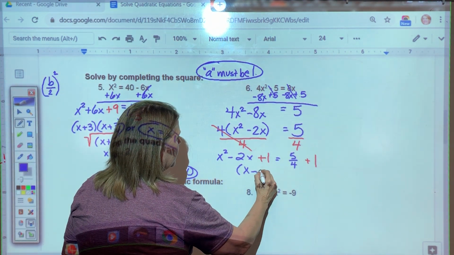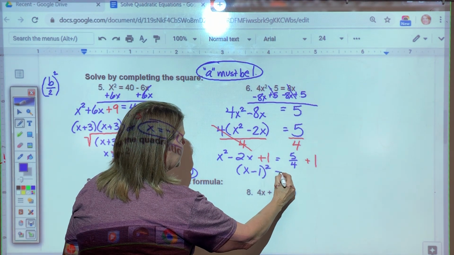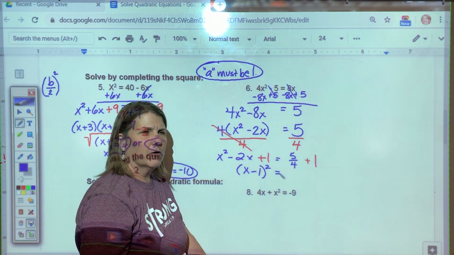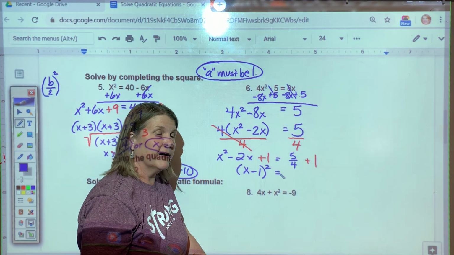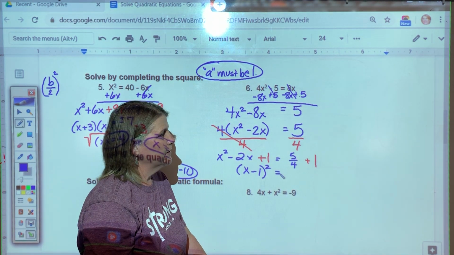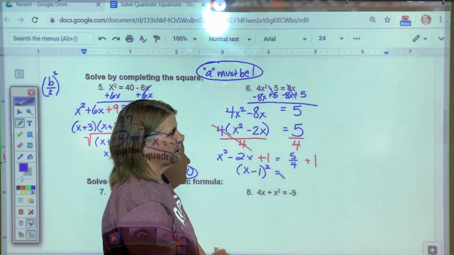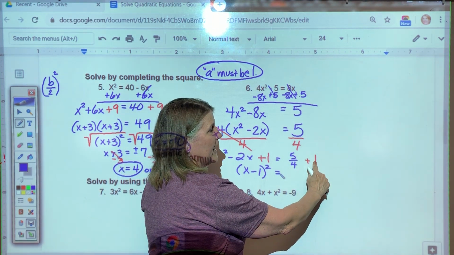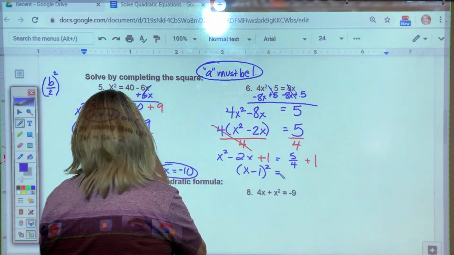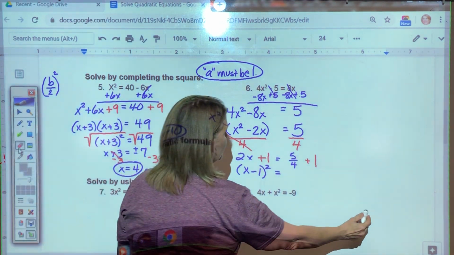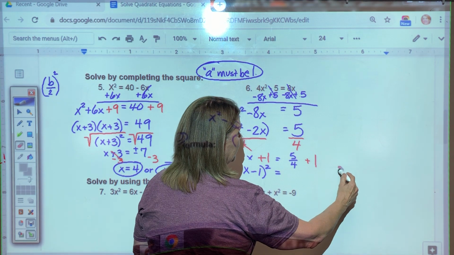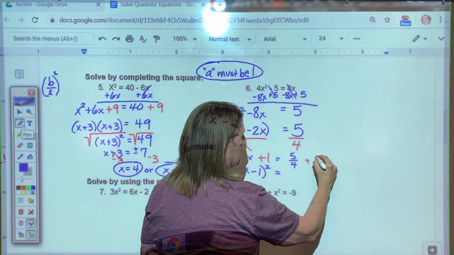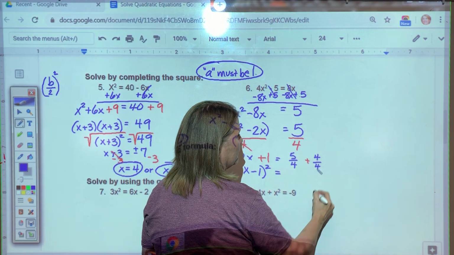So x minus 1 squared is equal to, now right here I'm going to kind of throw you back to some earlier, probably 5th and 6th grade work with fractions. So 1 can be disguised, since I'm working with fourths, I could disguise this 1 as 4/4, and I'm going to do that so I'll have like terms and I can combine. I can't combine fourths to anything but more fourths, so that 1 I'm going to rewrite as 4/4.